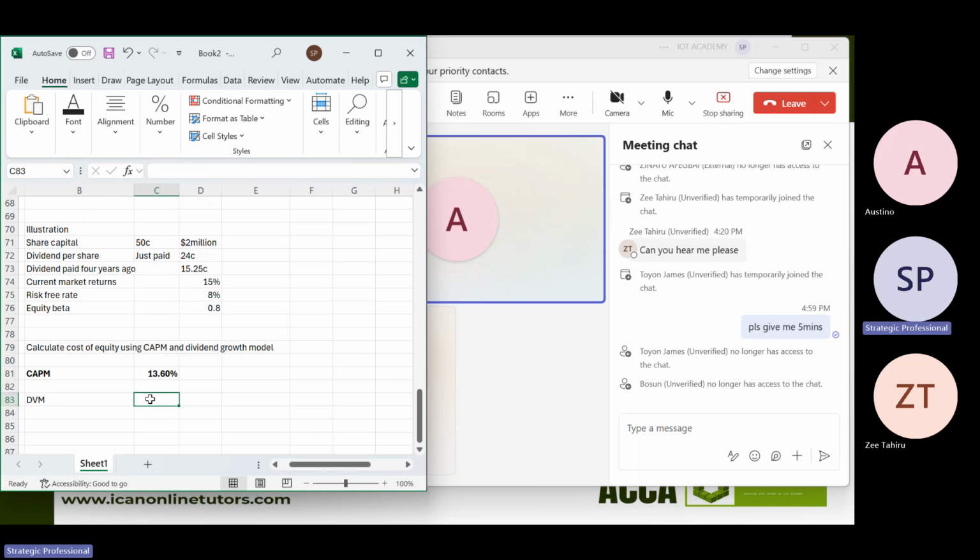Then take the root of it, depending on the number of years, as the case may be. I won't be able to write it here because I'm using Excel, but you can check it from a textbook or whichever way. And if you don't see it, I can drop it for you. In the next class, I can build a slide on that and show you how it is. But from this question, let's just solve it, and you will understand if you still remember.